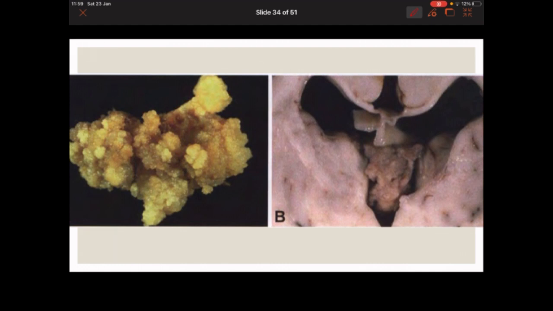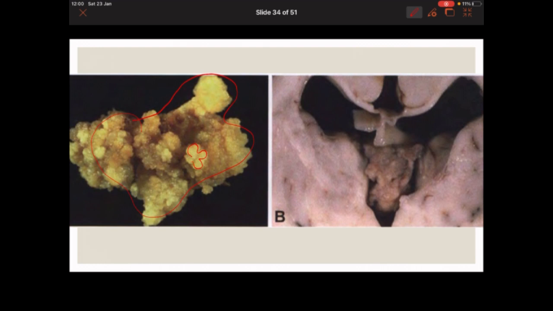Then we go to our last tumor. This is a gross picture of choroid plexus papilloma. This is a benign ventricular papillary neoplasm. It is derived from the choroid plexus epithelium. It has very low or absent mitotic activity. From this picture, we can appreciate that this tumor looks like a cauliflower.